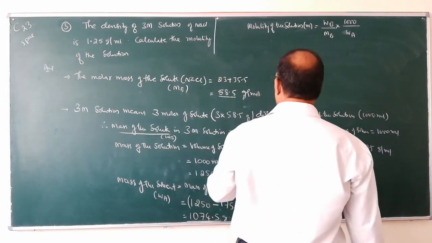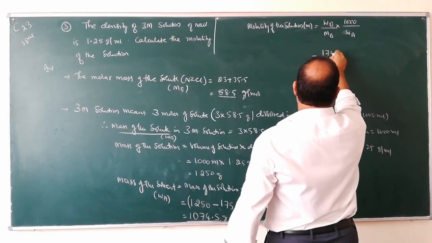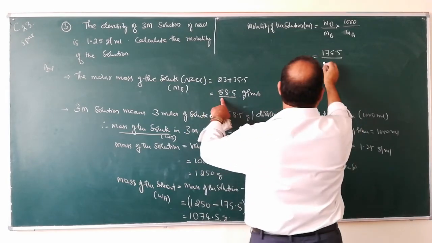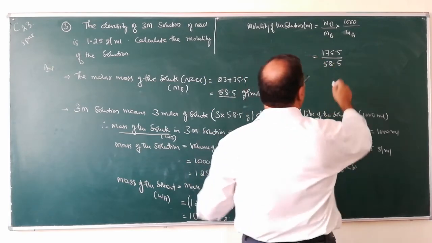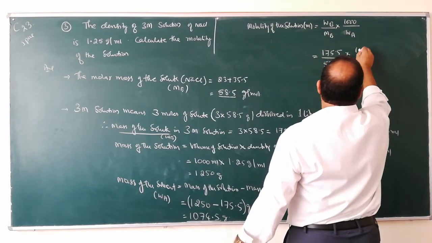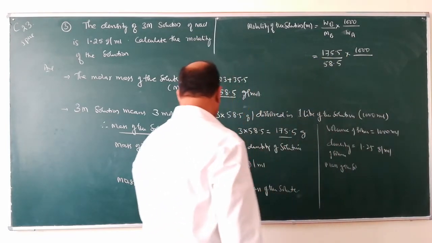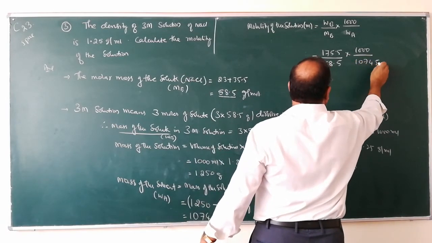So weight of the solute is 175.5 divided by MB, which is 58.5, into 1000 divided by WA. Weight of the solvent is 1074.5.